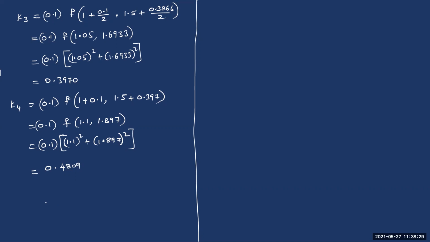Okay, so that's the story. Then I'm just substituting these four values in the actual formula. Therefore, y1 is equal to y naught. So what is y naught? You see, 1.5. Y naught plus 1 by 6 times, we need to substitute everything into this, 1 by 6 times K1. See how much we got K1?